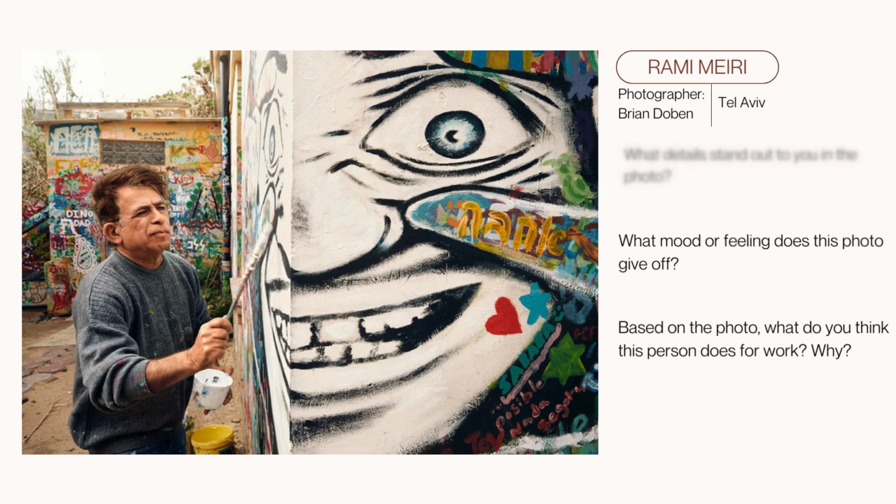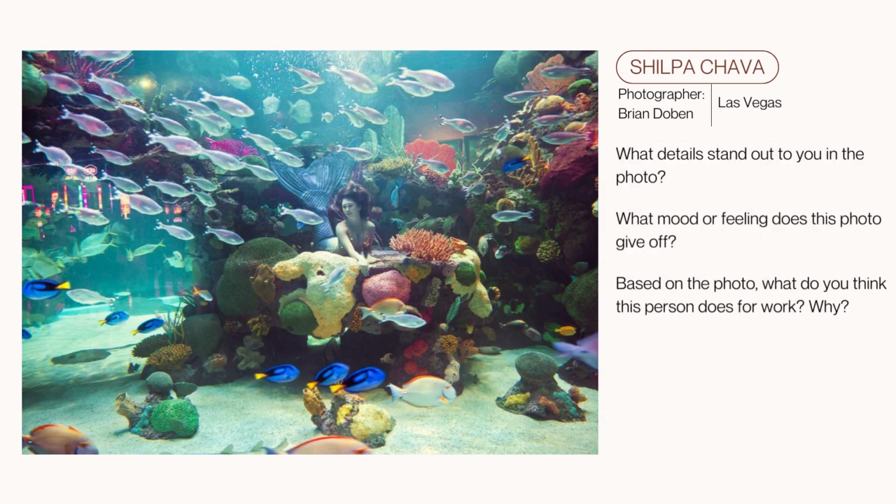We'll do one more example here. So here we have Miss Shilpa Chava. This photo is taken in Las Vegas. So first up, what details stand out to you about this photo? I'll give you a second to interact and look at it. Maybe it's the colorful fish that are flying around.